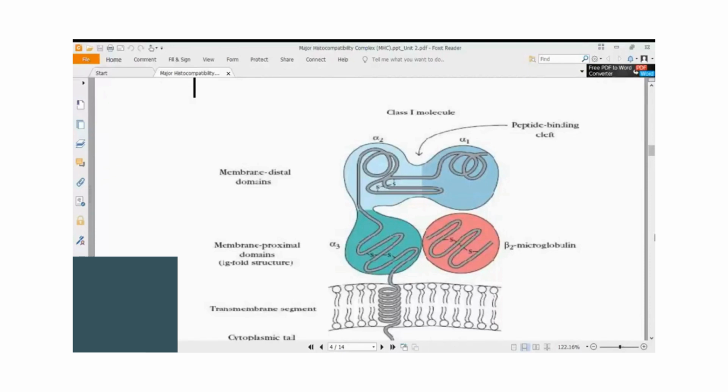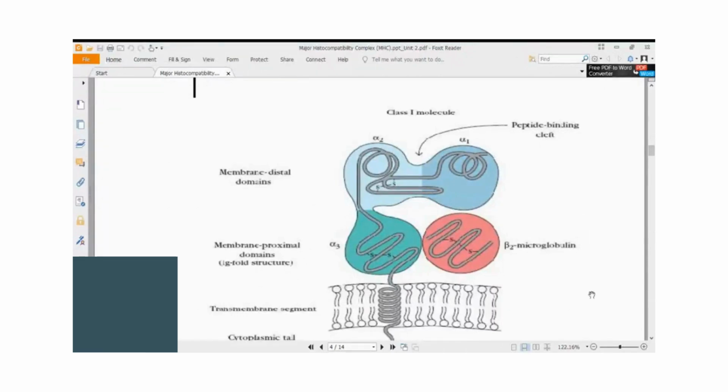All those peptides that bind the antigen binding cleft have some common features. They may be different peptides, but by thumb rule, they must have a common amino acid residue at certain positions to interact with the class 1 MHC.